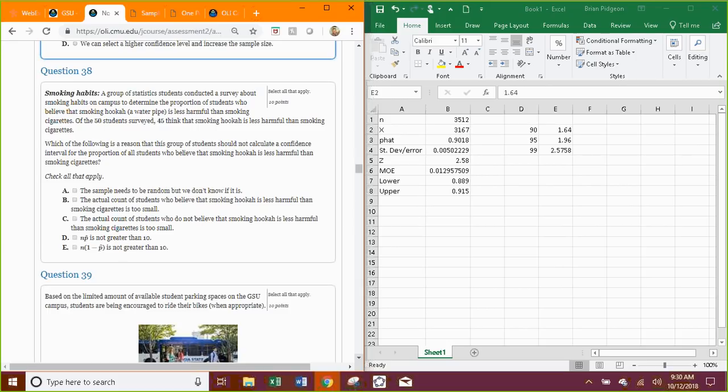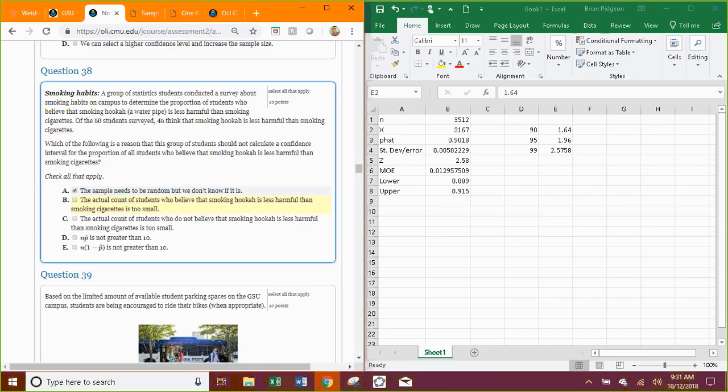All right. A group of statistics students conducted a survey about smoking habits on campus. Of the 50 students surveyed, 45 think that smoking hookah is less harmful than smoking cigarettes. Which of the following is a reason that this group of students should not calculate a confidence interval? Well, we don't know if it's random.